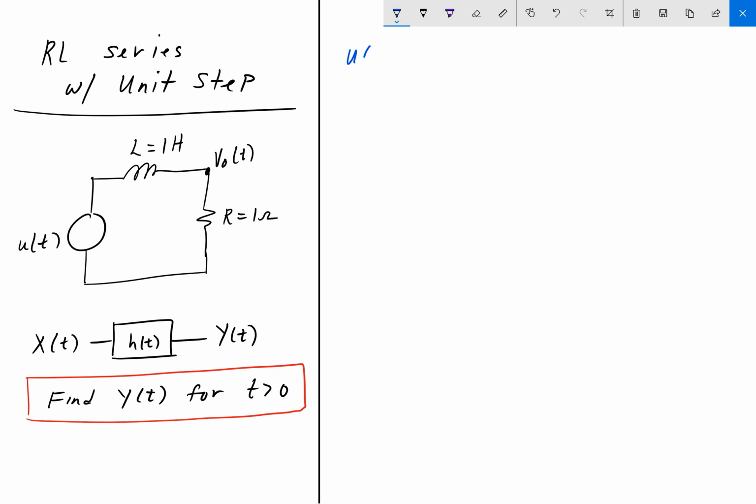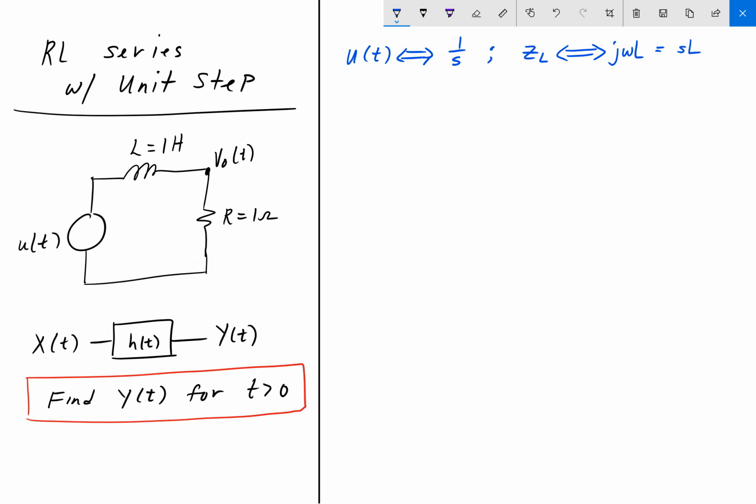The unit step function u of t, its Laplace transform is 1 over s. And the Laplace transform of ZL, which is the impedance of this inductor here, is j omega L, where j omega is equal to s, so sL.